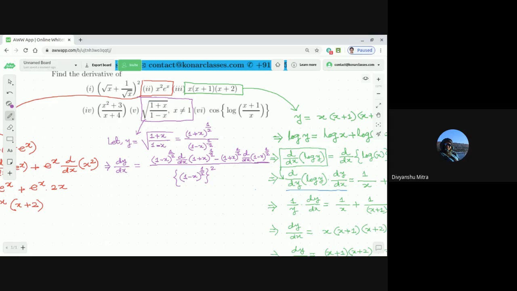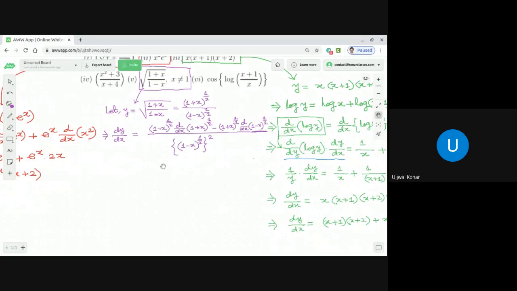Good that you understood this step, because it is just application of the simple formula of u by v. So from here we get dy dx is equal to, now let's first compute the denominator. It is [(1 minus x) power 1 by 2] power 2. That is actually nothing but 1 minus x, no? If you recall, a power m power n is equal to a power m into n.